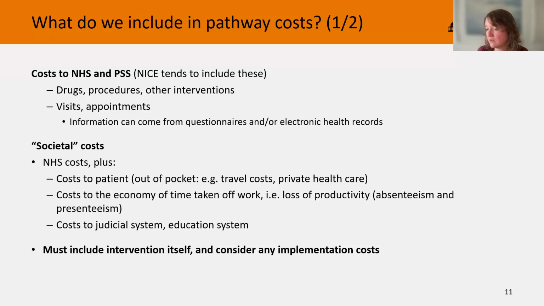So in a study where we recruit from a GP, we would, for example, get their GP records out of EMIS or System 1 or whatever they're using on a pen drive, and then use that as our data, like we did in the ANTLER trial. So if we're going beyond health service costs, we'd call them societal costs, which is a very unhelpful word because it means everything and nothing.